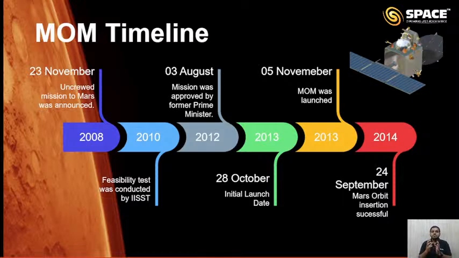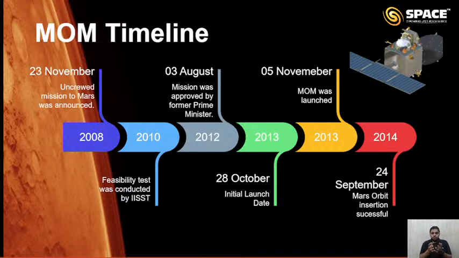Now, in 2008, Chandrayaan 1 was successfully launched, in January or February, I guess, at the start of 2008. And by November, an interplanetary mission was declared by ISRO, 23rd November 2008. An uncrewed mission to Mars was announced by the then director of ISRO, Mr. Nair.